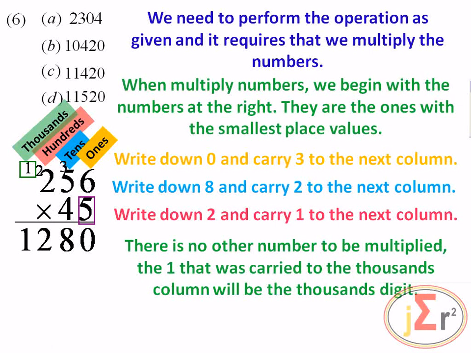But of course, it is good if we can consider that the one that was carried to the column of greater significance was carried to the thousands column. So it will be the thousands digit. And with nothing to multiply, we will just write down that single thousands digit as it is.